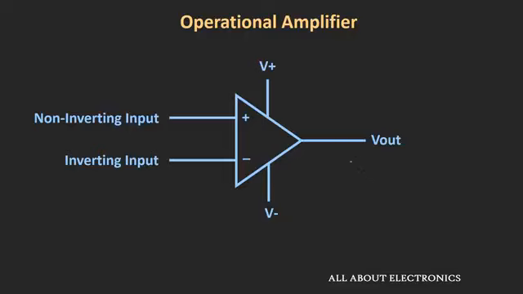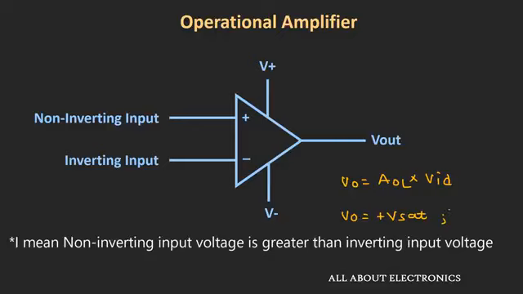In the previous videos on op-amps we have seen that whenever we use this op-amp in open loop condition, the output voltage will be equal to the open loop gain of the op-amp multiplied by the differential input voltage, where the differential input means the difference between the non-inverting and the inverting inputs. So whenever your non-inverting input is higher than the inverting input, the differential input voltage will be positive, and in open loop condition the gain of the op-amp is very high, so the output will be equal to the positive saturation voltage of the op-amp.